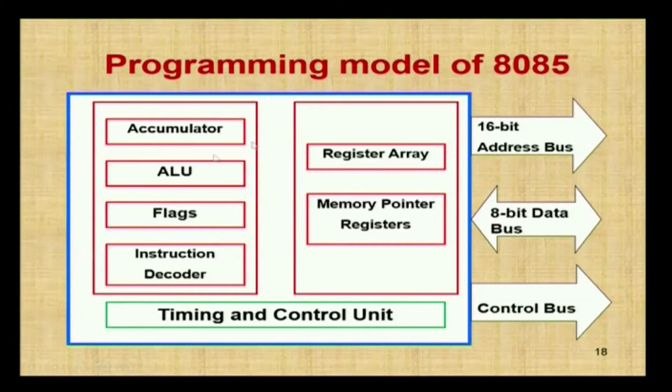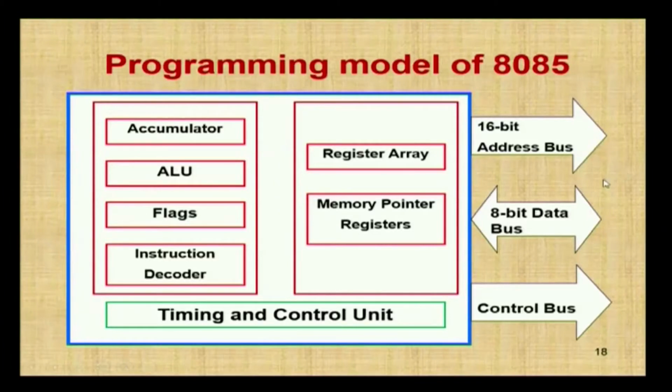Everything is timed and controlled by the timing and control unit. You have the 16-bit address bus and the 8-bit data bus, and you have the read, write and other control signals. They are called the control bus.